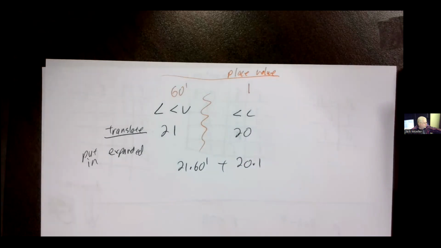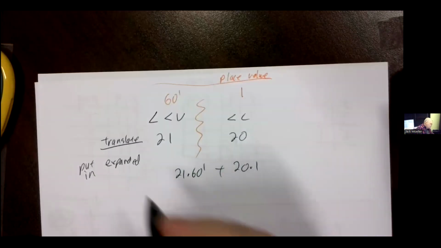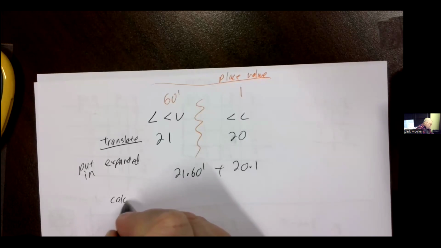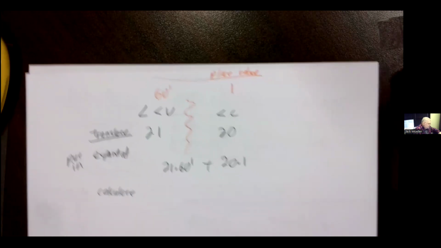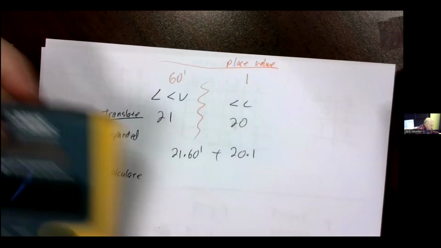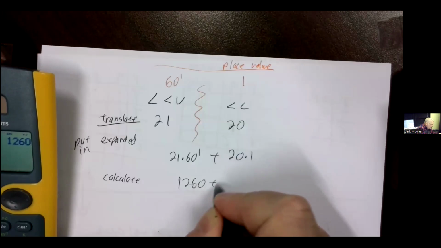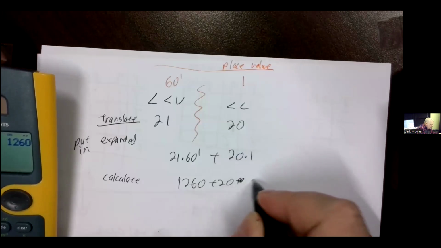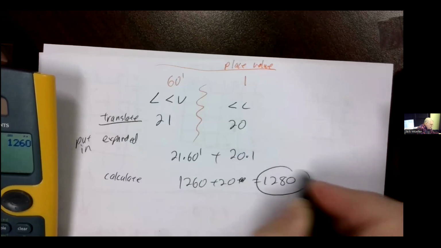Now we want this in Hindu-Arabic. So now we have to do the math. 21 times 60 is 1260. Plus 20. So that would be 1280.